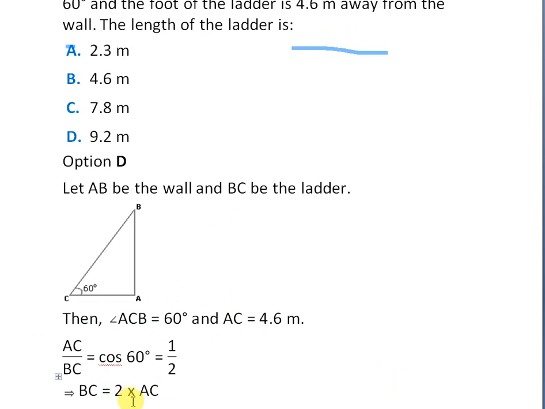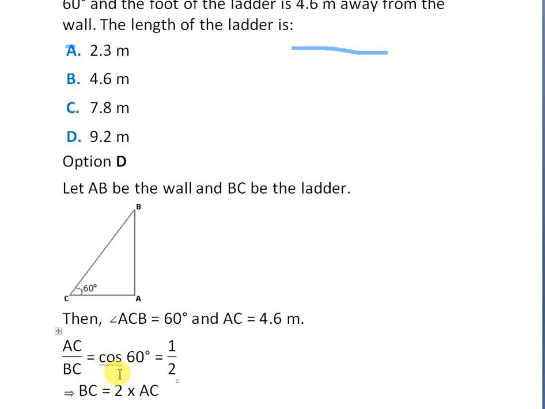To be clear, here we are not using any trigonometric identity or the sine cos formula right now. What we did is, we knew that AC and BC are two sides and the angle is lying between them. So AC divided by BC equals cos 60.